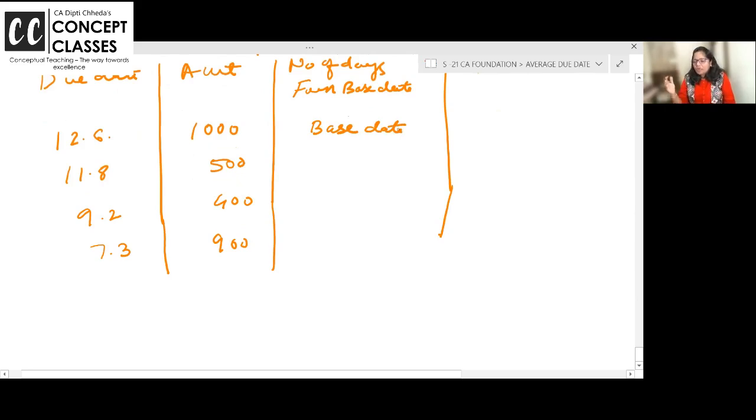They both are withdrawing from the firm. Now 12th June to 11th August. How many days? June 18 days, July 31, August 11. See how many days you are getting: 18 plus 31 plus 11, 60 days.